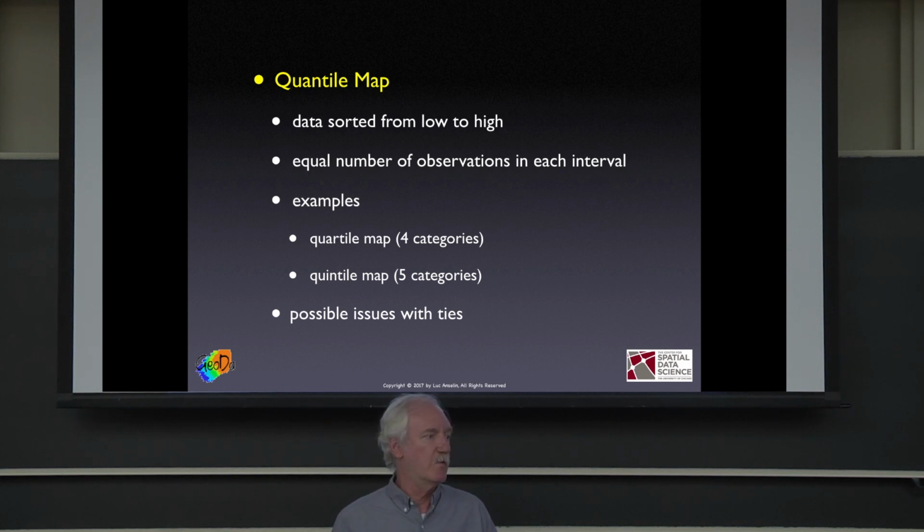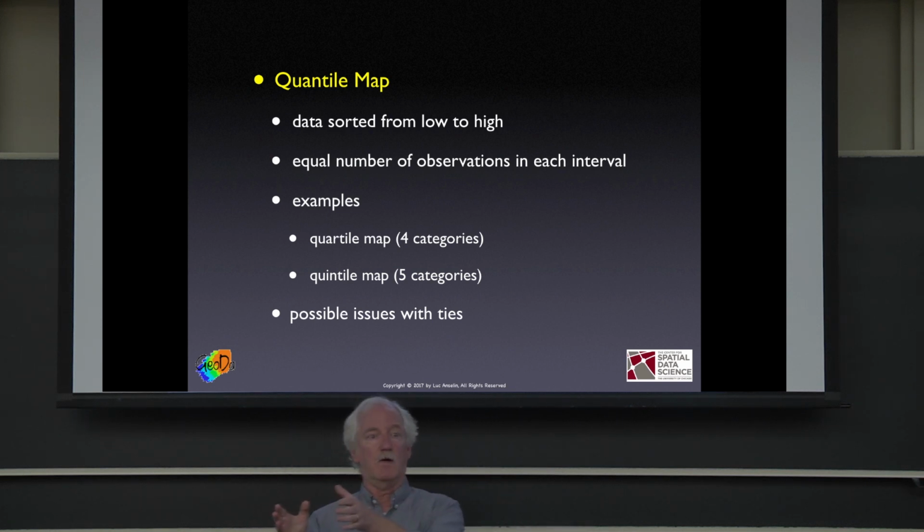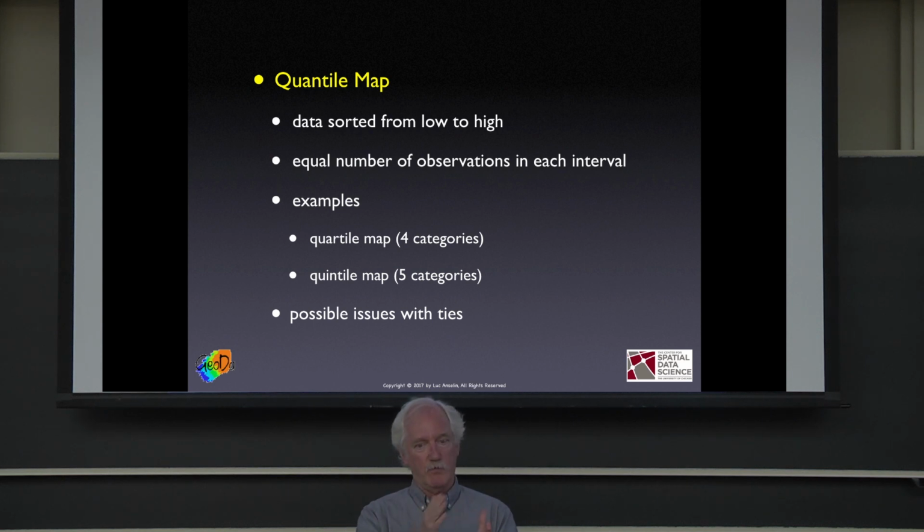No problem, right? Now in a map, we do have a problem, because quartile number 1 has one color, quartile number 2 another color. And here we have observations 23, 24, 25, 26, 27. Which of these are we going to put in category 1 versus category 2?